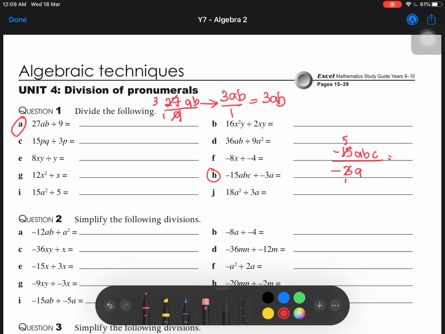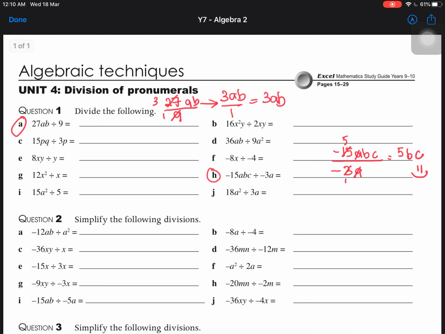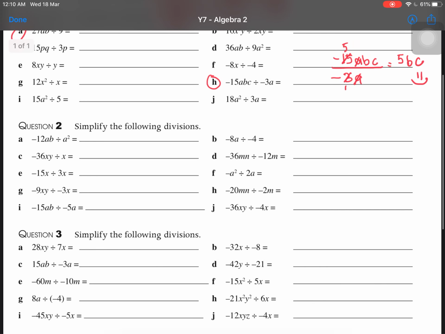And then you have A at the top and bottom that can be cancelled. So the final answer is 5BC. And that's how you solve the entire questions from this worksheet, which is by first and foremost writing it in fractions. Okay, so let's move on to question 2.